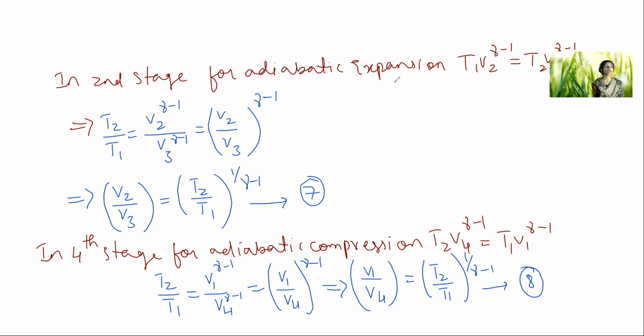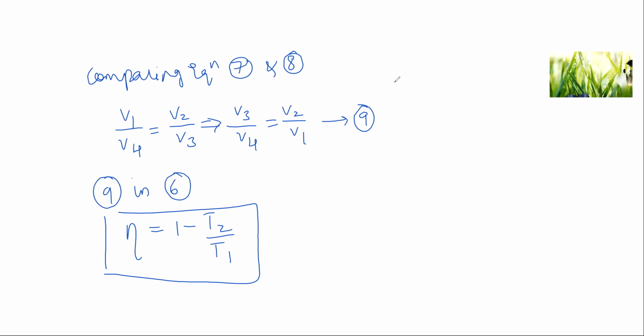In the fourth stage, adiabatic compression, T2 V4 raised to gamma minus 1 is equal to T1 V1 raised to gamma minus 1. How do we write it? T2 by T1 is equal to V1 by V4 raised to gamma minus 1; I have taken that as common. So V1 by V4 becomes T2 by T1 raised to 1 divided by gamma minus 1, taking the power from the left hand side to the right hand side. We took this as equation 8. So comparing equation 7 and 8, V1 by V4 is equal to V2 by V3, or V3 by V4 is equal to V2 by V1.